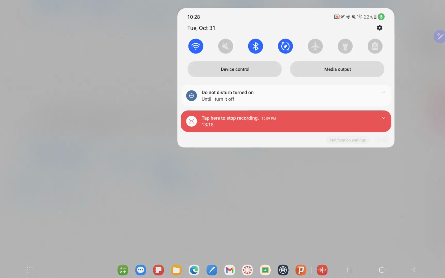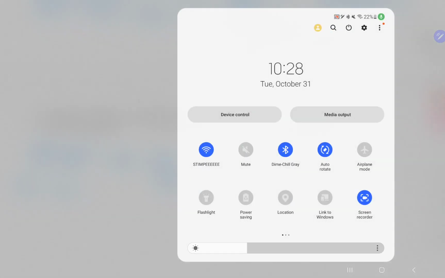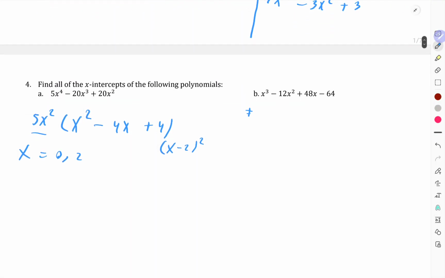Wait, hold on, let me turn up my brightness. Yeah, so it's just plus or minus a bunch of stuff. So plus or minus 1, 64, 2, 32, 4, 16, and 8. And the reason for this is because the rational root theorem relies on the constant over the leading coefficient.